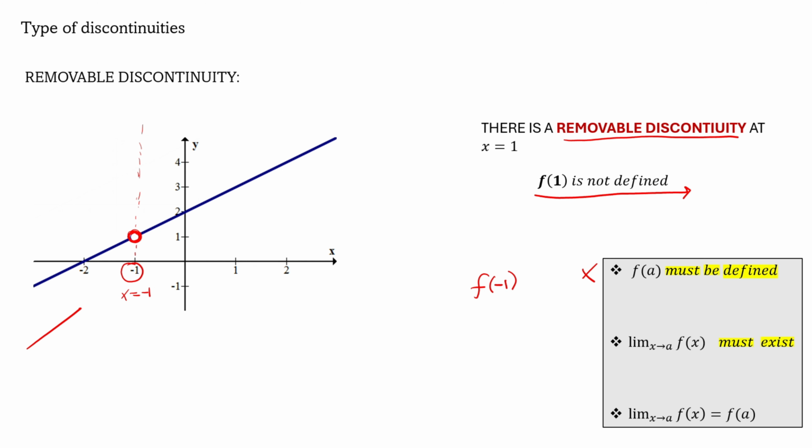So it's a removable discontinuity. Even if there was a y value maybe somewhere here, we would say indeed that f at -1 is defined, but the fact that this y value is not at this point, condition 3 is not met. That's a removable discontinuity. Okay, so basically this is a removable discontinuity.